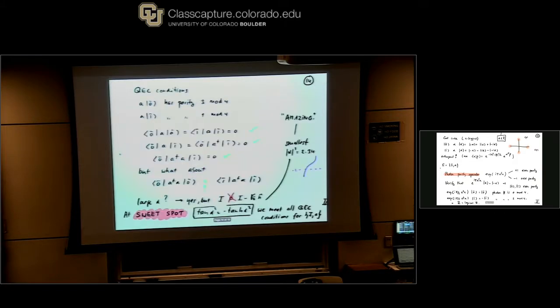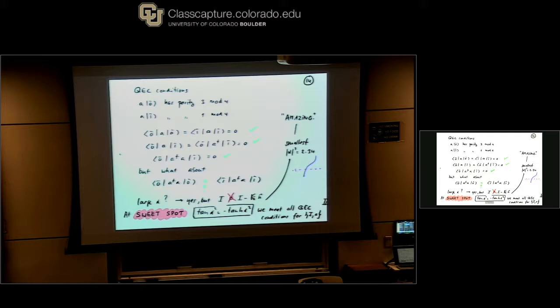Okay, so let me now start checking the quantum error correction conditions, right? So what do I need to check? I have this type of thing. So this happens to be 0.